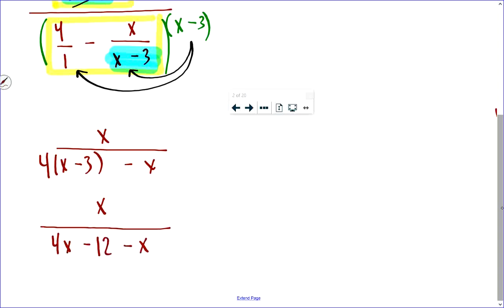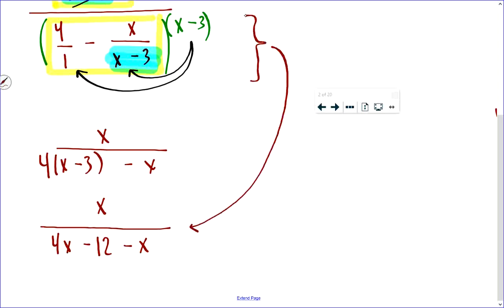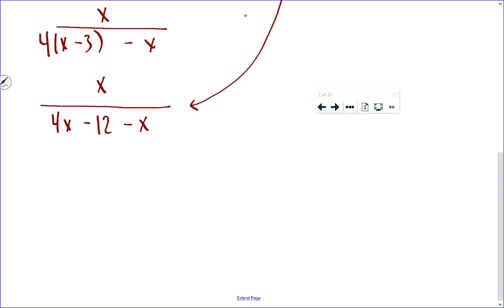And I think there are a group of you that could go from there to there in one fell swoop. You don't necessarily need to write the 4 times the x minus 3. We want to simplify that a little bit more. 4x minus x in the denominator is 3x, so we're left with 3x minus 12.